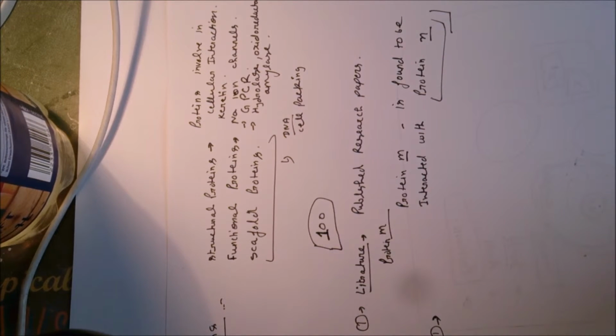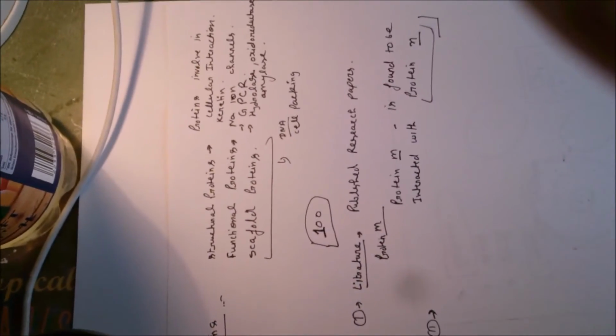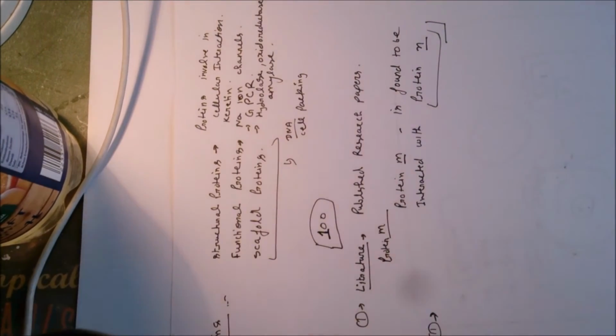So you go to the lab, you talk to the supervisor, and your supervisor tells you, okay, we are working on keratin protein. We are studying how these proteins are folding, what happens to their folding, how they unfold, how they misfold. So they are studying the protein folding problem.